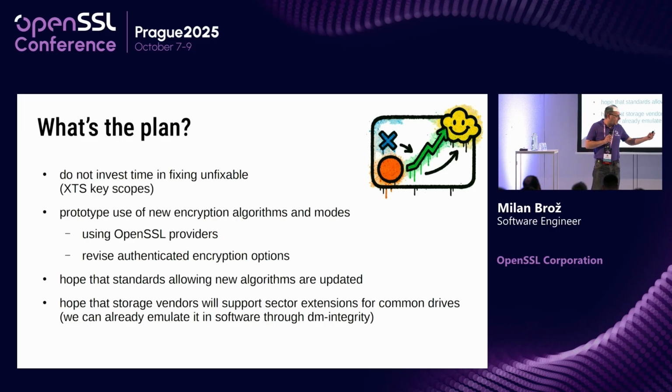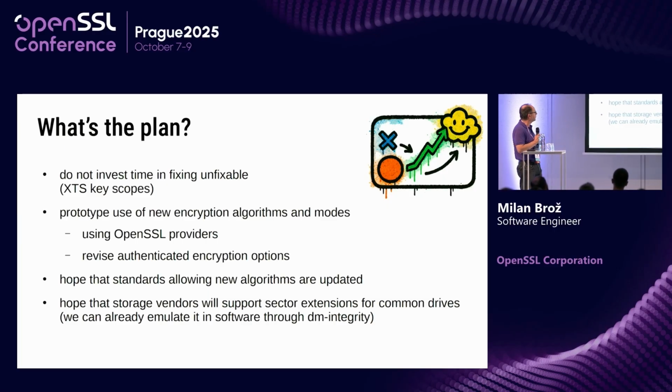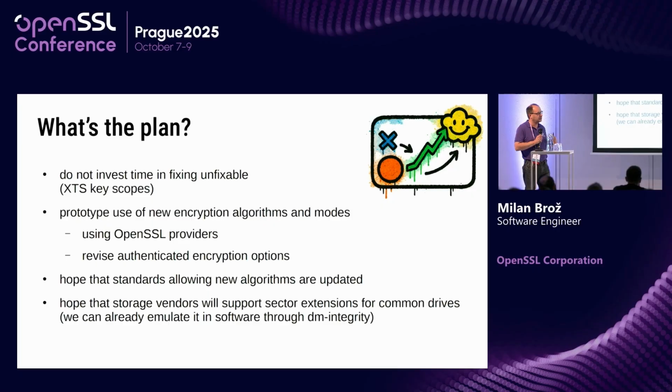So what's the plan? That's basically the end of the story here. I will not spend any time fixing XTS mode for LUKS. We may make some recommendation on disk size and so on. We will focus on investigating new encryption modes, because there is some new research about the double-decker algorithms.